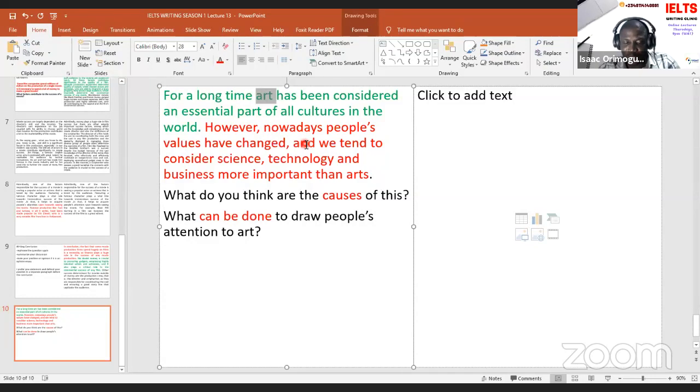I won't give points because I want you to think under exam condition, you will be the one doing the thinking. So 5 minutes to plan, as if you are in your exam hall. Then the next 5 minutes to write your introduction. Don't be too much in a hurry to just start writing. Don't. Okay.